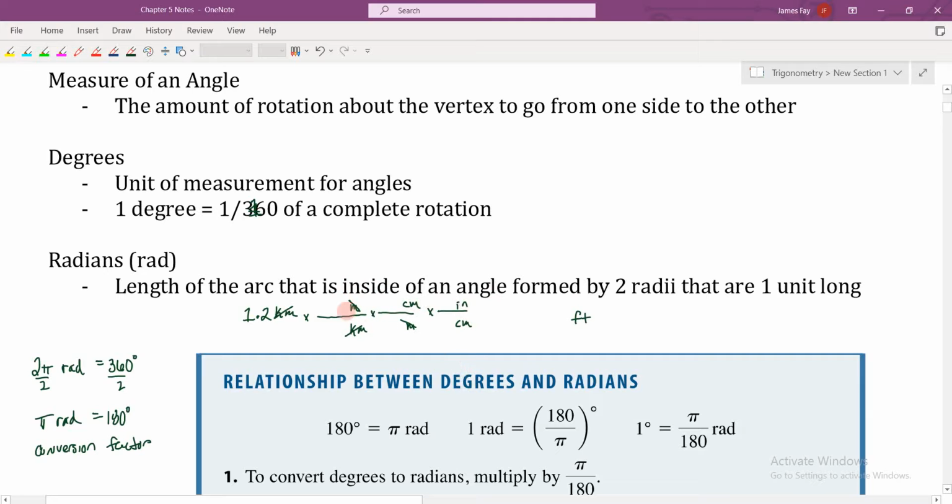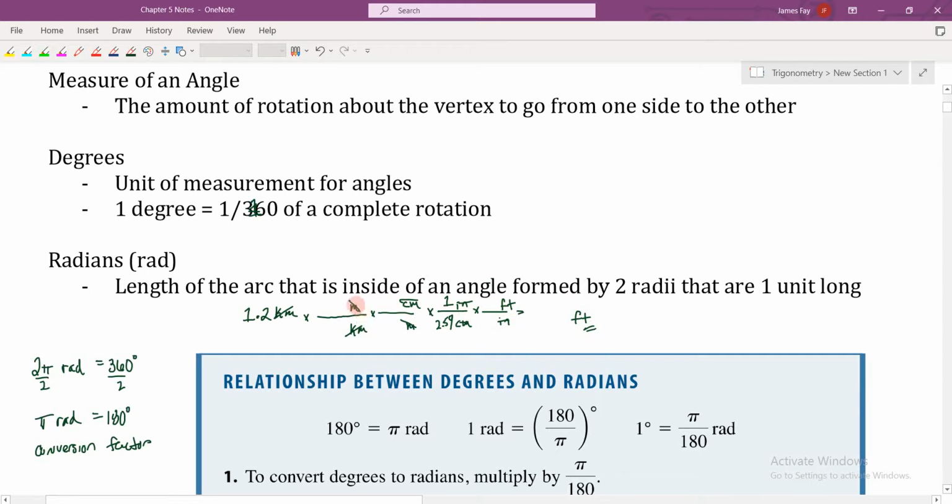Okay, and I've been ignoring the values here. We have a conversion factor that says there's 2.54 centimeters for every 1 inch. And now centimeters would cancel, I'd be left with inches. Well, I do know how to get inches into feet now.